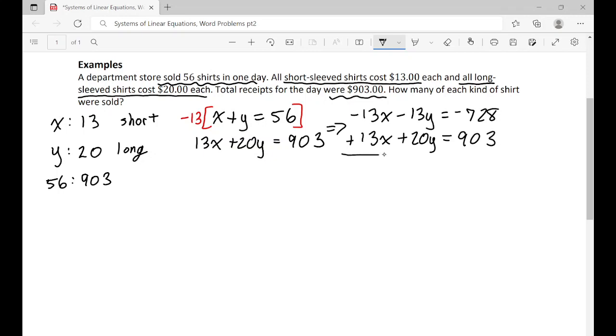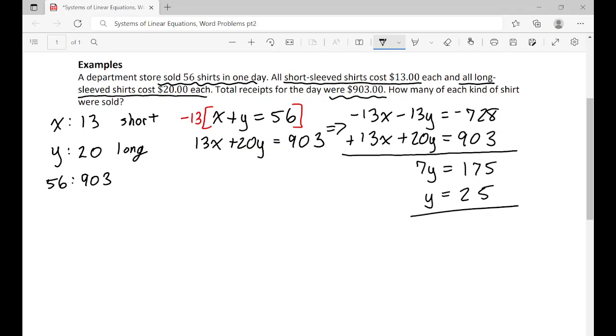And now I'm going to add my system. X's cancel, y's give me 7y, and then the numbers at the end are going to give me 175. Now I can solve for y by dividing by 7, and when I do that, I'm going to get y equals 25.